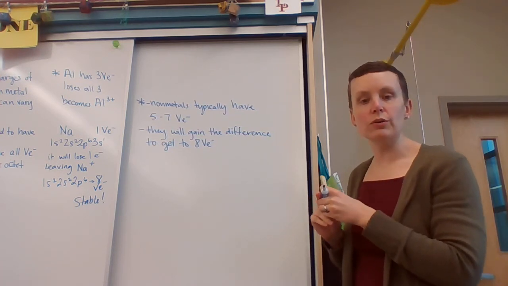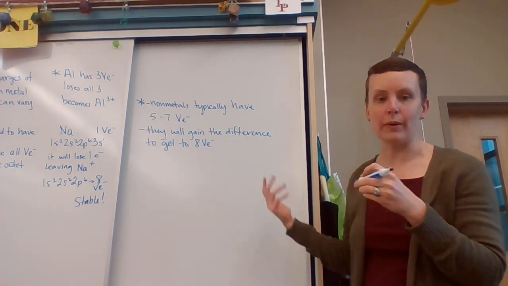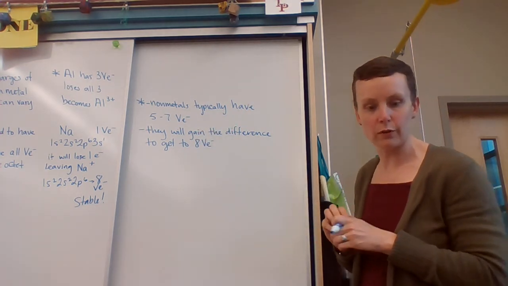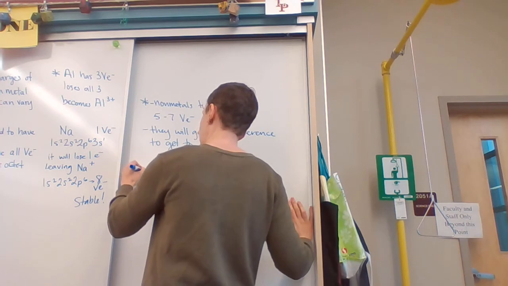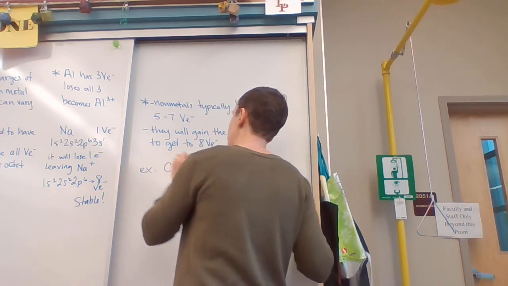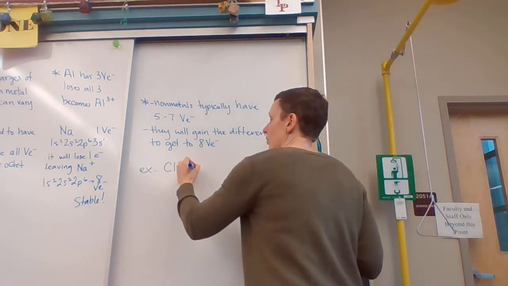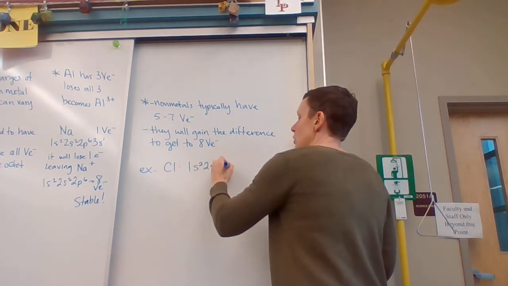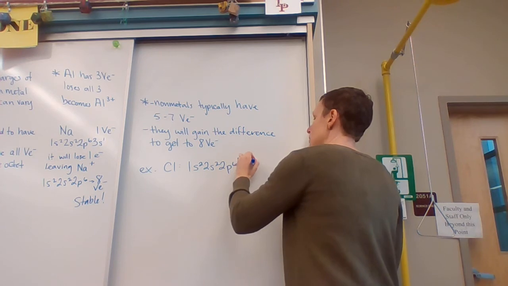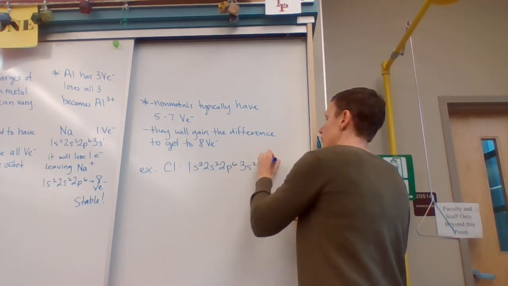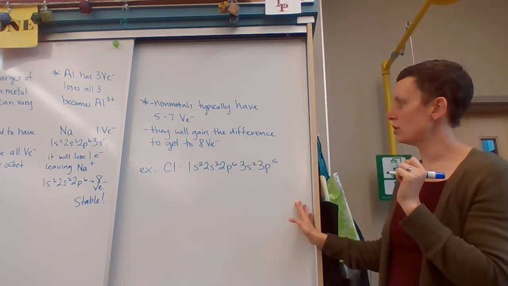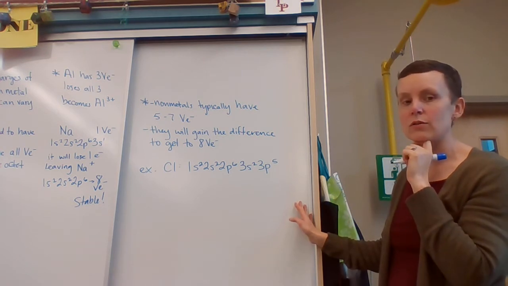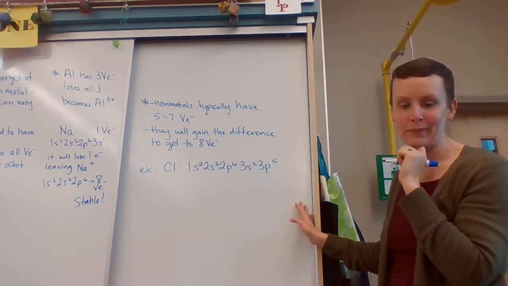Okay, so we're going to do chlorine as an example. Since we used sodium, we might as well do chloride and just get table salt over with. For chlorine, the full configuration is 1s2, 2s2, 2p6, 3s2, 3p5.